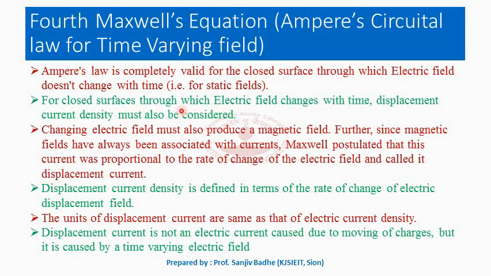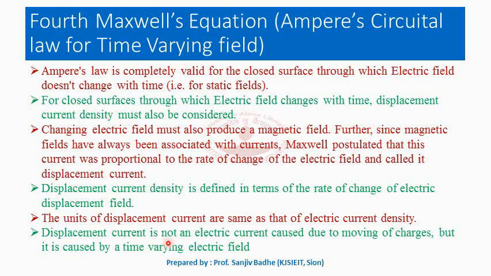If electric field causing the current is changing with time, then the displacement current density must also be considered, because this changing electric field will also produce a magnetic field, and since magnetic fields have always been associated with currents, this current must be proportional to the rate of change of electric field, and this current will be called displacement current. Displacement current density is defined in terms of rate of change of electric displacement field, and the unit of displacement current is same as the electric current density.